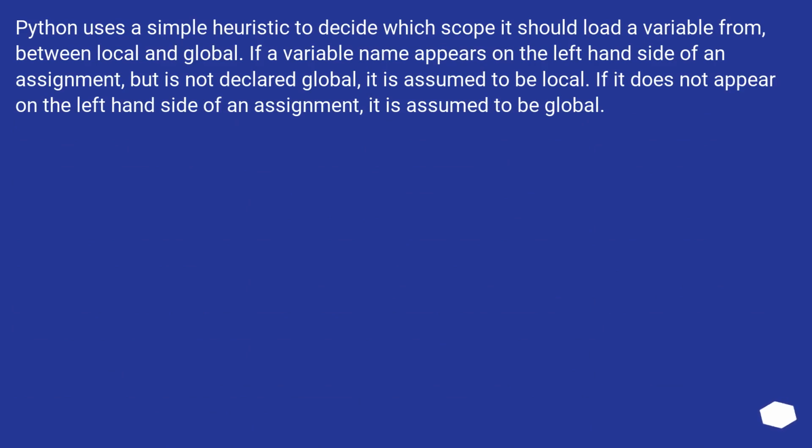Python uses a simple heuristic to decide which scope it should load a variable from, between local and global. If a variable name appears on the left-hand side of an assignment, but is not declared global, it is assumed to be local. If it does not appear on the left-hand side of an assignment, it is assumed to be global.